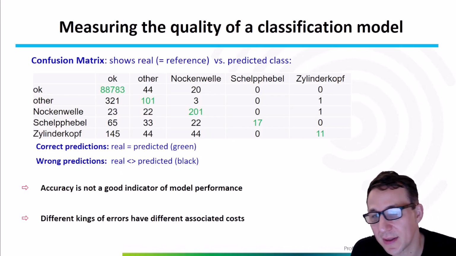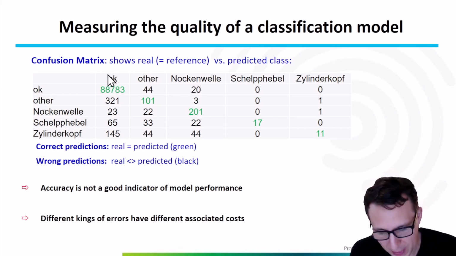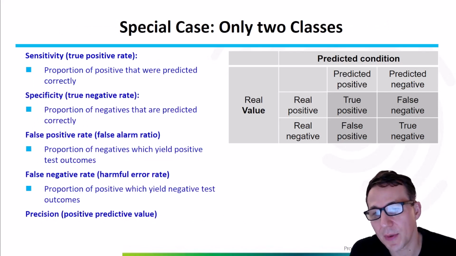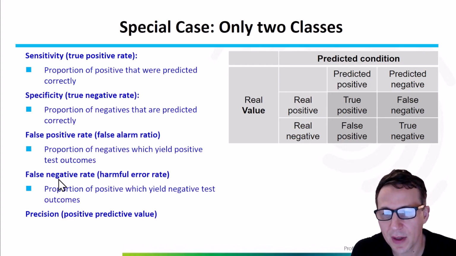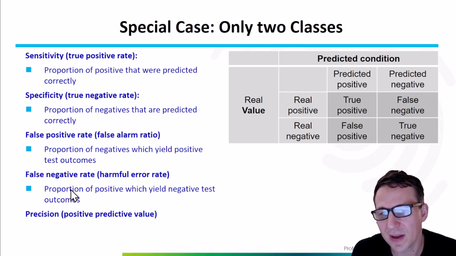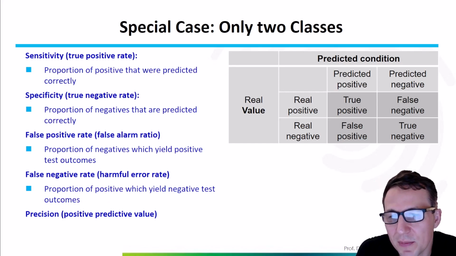Like in these cases, to have a motor that actually has a failure, but it predicted as okay. So this kind of errors you would like to avoid. Yeah, that's when you talk about a very low false negative rate. The proportion of positives which yield negative test result. So it is actually positive and you would really like to catch it, but you predicted it as a negative, and therefore you missed a positive.